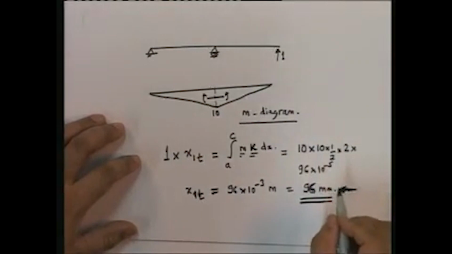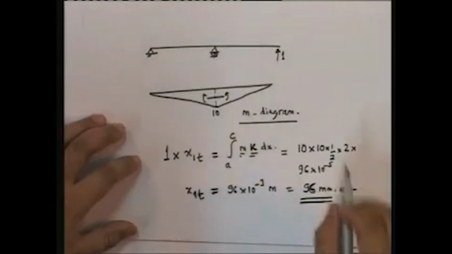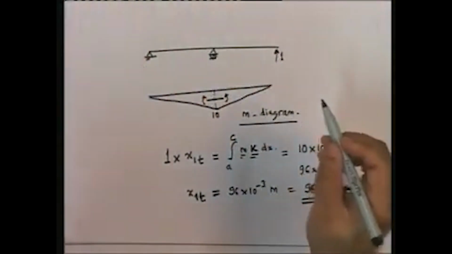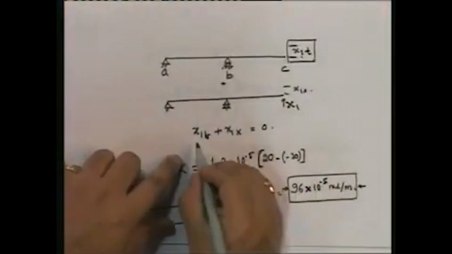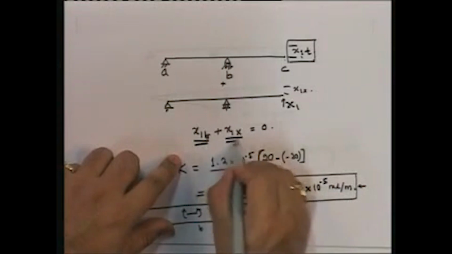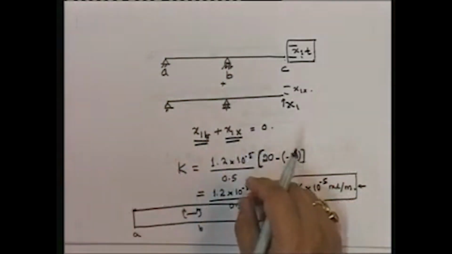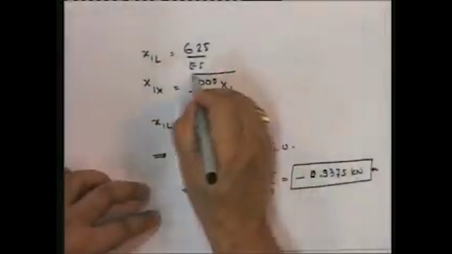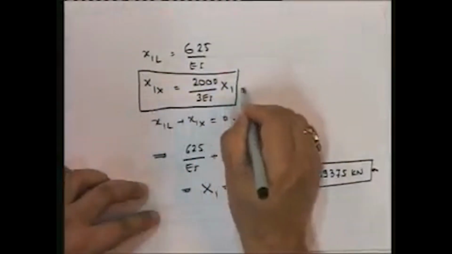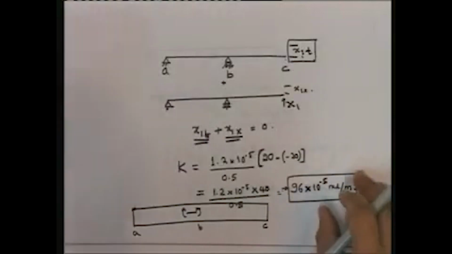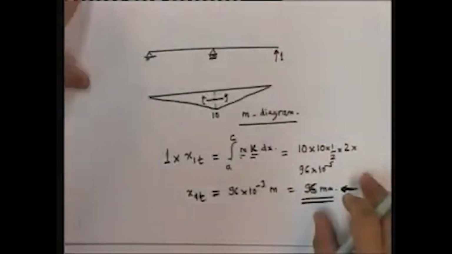Now how do I find out the forces? Well, I have to find out x1. I have found out x1 of t, and I need to find out x1 of x. I have already found out x1 of x earlier. Remember? What was the x1 of x? x1 of x is this. This does not change. Okay. So if I plug that in here, what do I get?